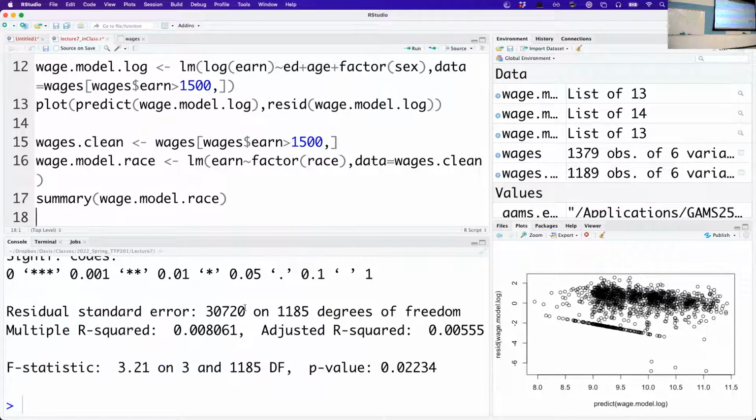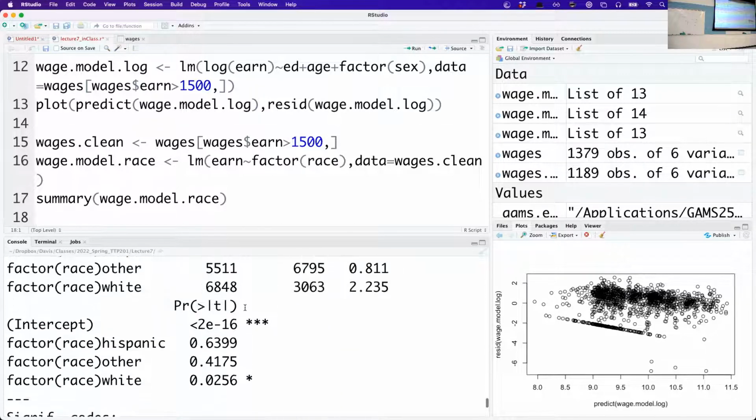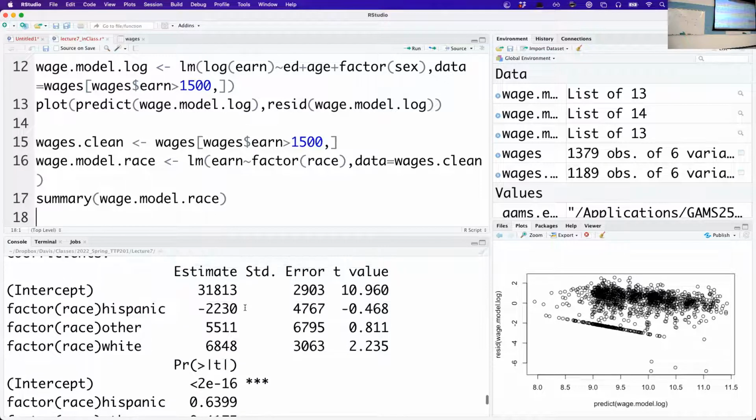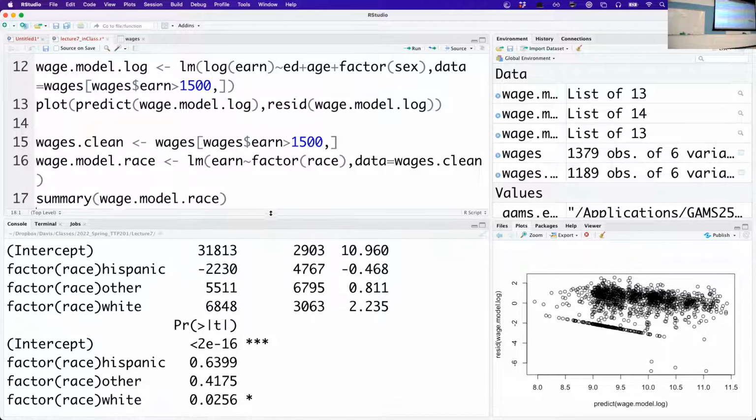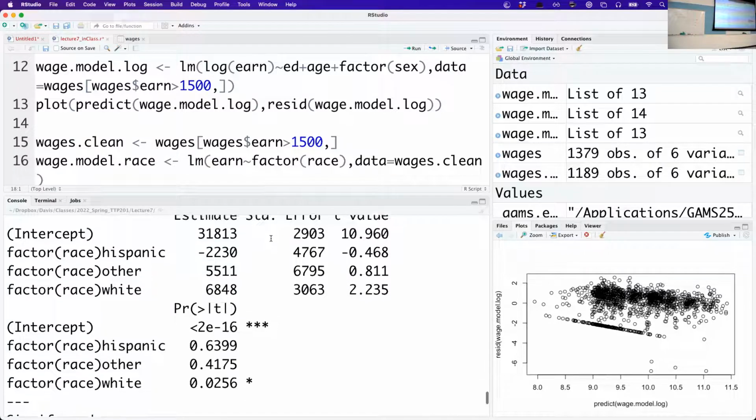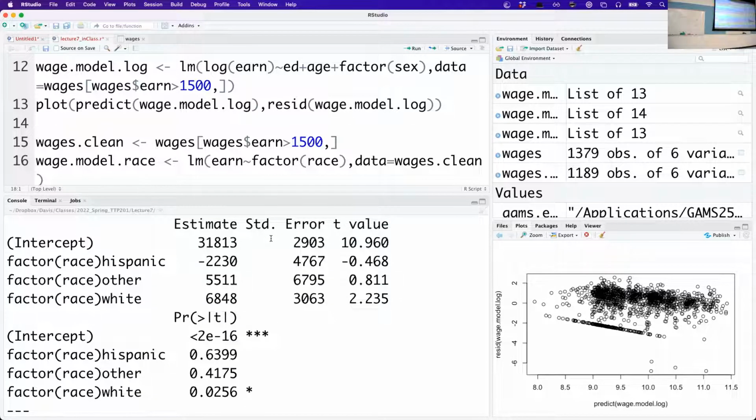Okay. So here we have a new set of results, and let's see if we can interpret what this means.